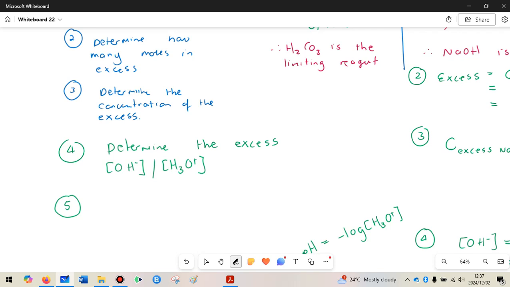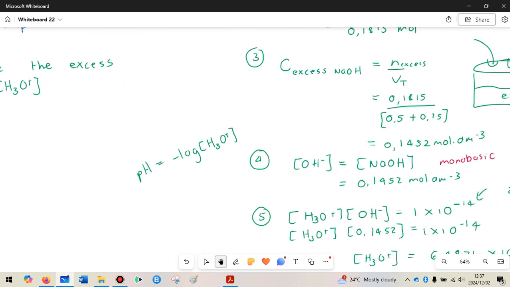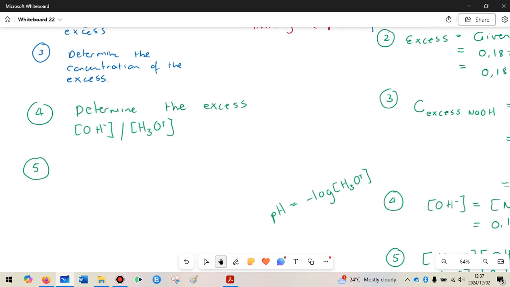Then we have to double it or triple it. Then for step 5, we then took that excess hydroxide and we determined the hydronium, using this formula. In another example, you might be working out the hydroxides at this point.